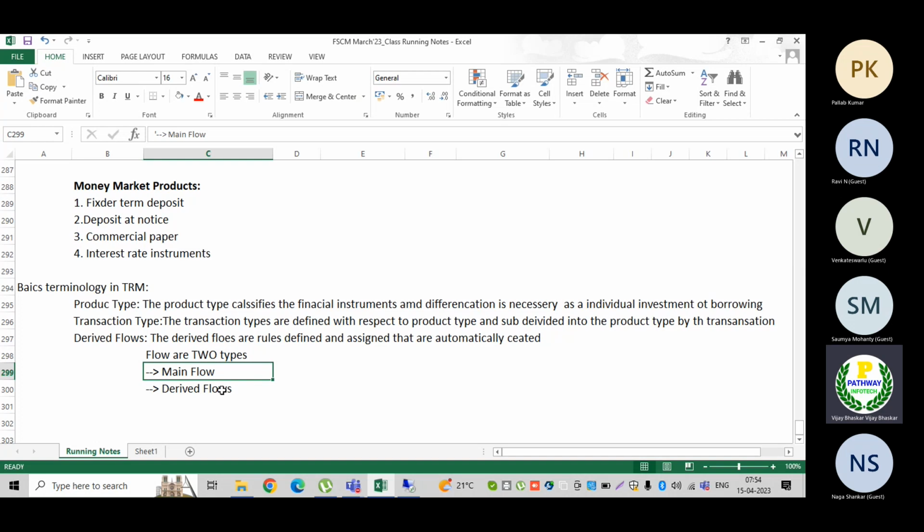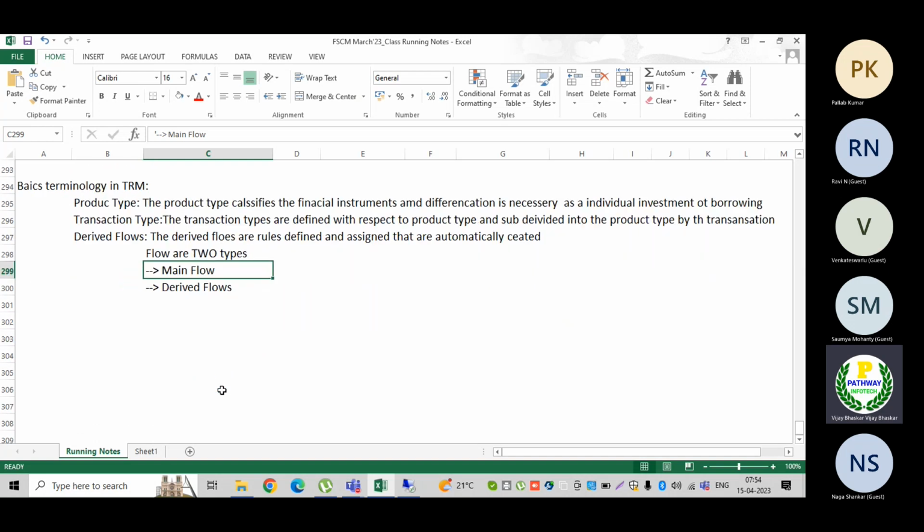First we need to understand what the main flow is. Now when I'm posting a business transaction, we need to understand the concept of main flow. Let us take an example. Imagine I have done an investment in a fixed term deposit.